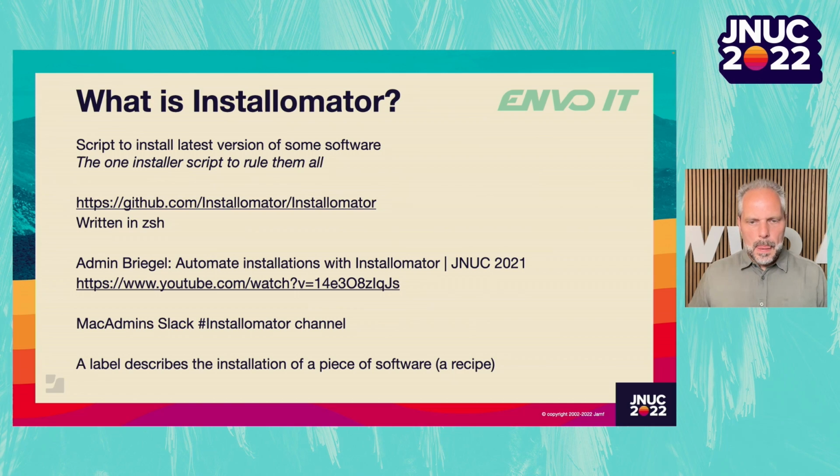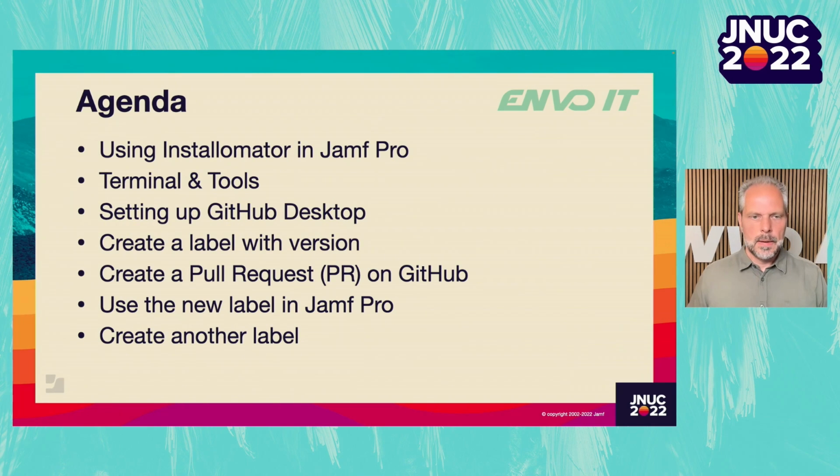So I will be presenting the agenda for this presentation. I will show just a little bit how we install Installomator into Jamf Pro and making sure this is the released version of Installomator. I will show some tools and techniques in terminal. I will be setting up GitHub Desktop.